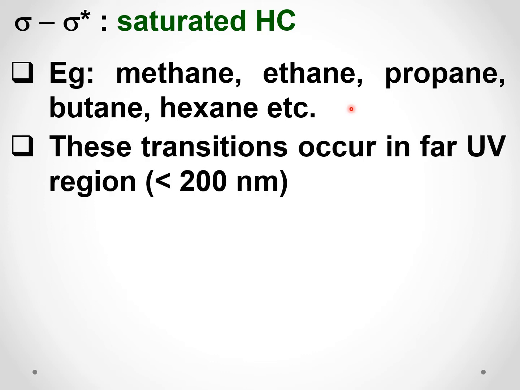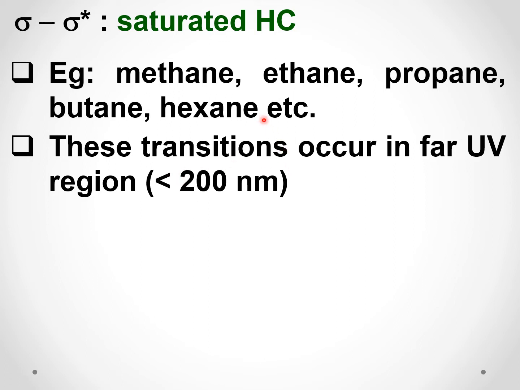But there is a small problem here. These transitions occur in the far UV region. If a sigma electron has to absorb a radiation and go to the sigma star orbital, that radiation should be in the far UV region, less than 200 nanometers.